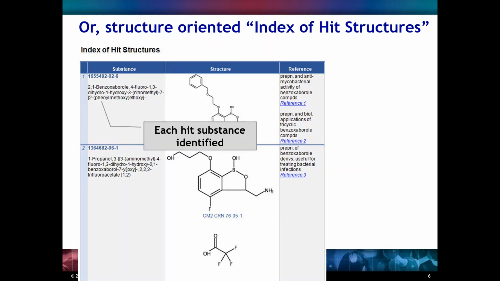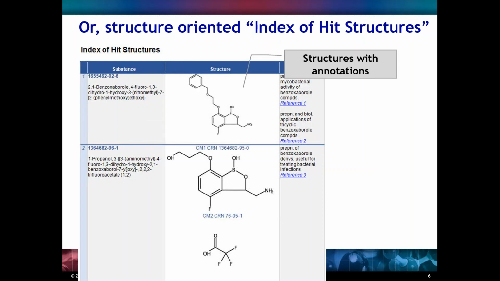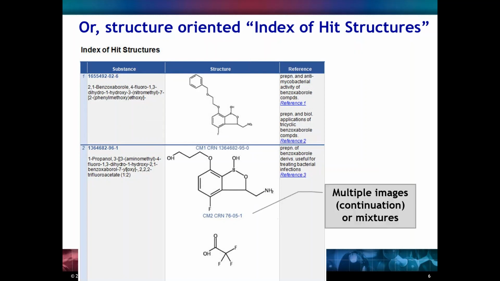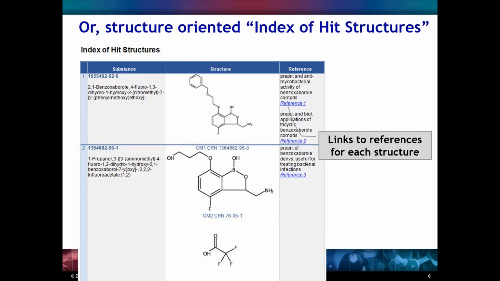So you can see each substance has a single line. We have the structures, and then that may be multiple structures. You may see annotations, stereochemistry, double bond, and so forth. Here we have a mixture of a couple of components, so you see those annotations. And then you see links to each of the references associated with the note from those index terms.